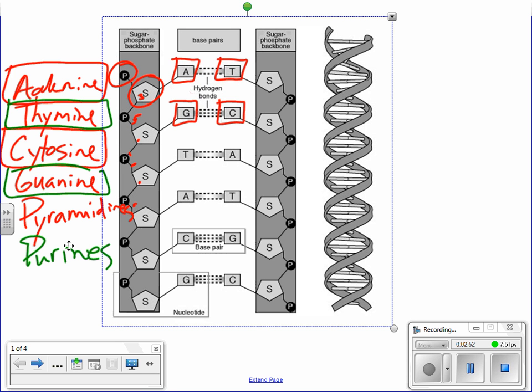Last thing we'll talk about with this picture is that DNA runs from 5' to 3' end, and DNA strands are anti-parallel. What that means is that even though they are parallel to each other, one runs in one direction, and the other one, like this one on the right here, runs in the 3' to 5' direction.